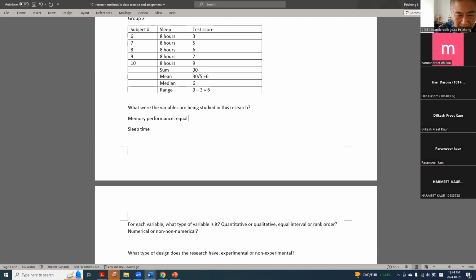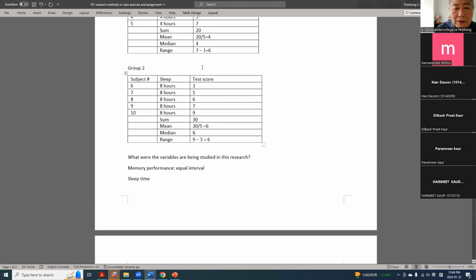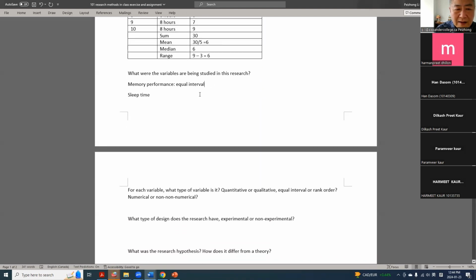Equal interval. Because 1 word is a word. If I'm 6, you are 4, I'm 2 more than you, 2 higher than you. How about sleep time? Sleep time is equal interval. 1 hour is an hour. So those are equal interval variables.